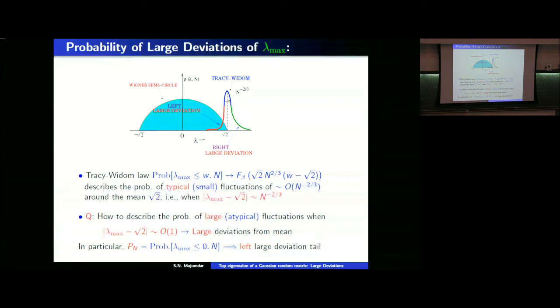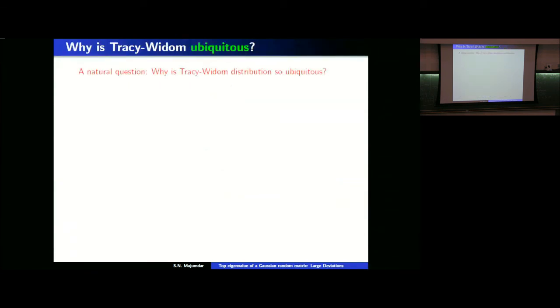And number two motivation, and then I'll stop, is you can ask yourself why is the Tracy-Widom distribution so ubiquitous? Why do we see it everywhere? As I said, some problems you can map to random matrix theory, but other problems not. So this is my last slide. If you are a statistical physicist, you have learned in your course that there's near critical phenomena.